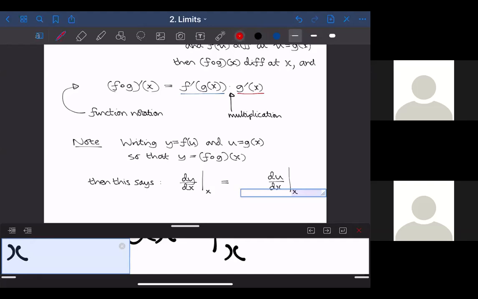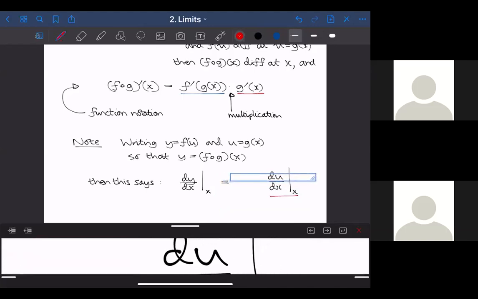The red one. And then the other one is the derivative of f at g of x.